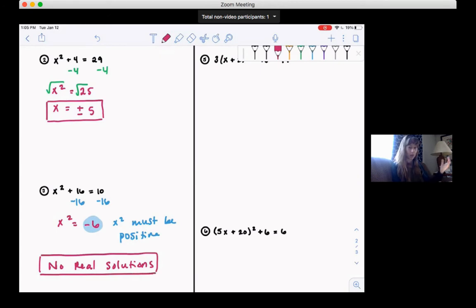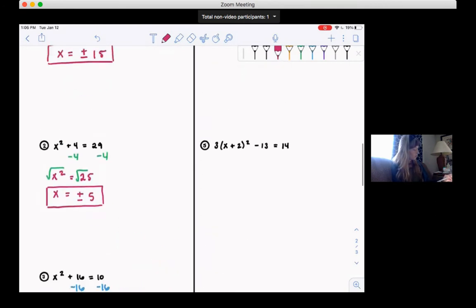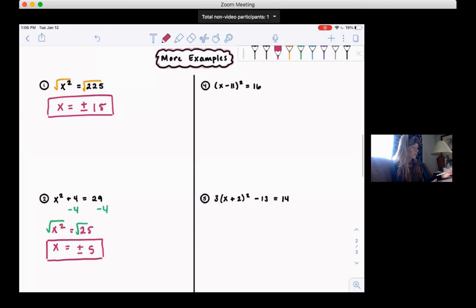Okay, so those were kind of 3 basic examples. Now we're going to go through 3 that are a little bit more complex. All right, x minus 11 all squared equal to 16. So we'll start by getting rid of that square by square rooting both sides. Square root and square cancel, leaving just x minus 11.